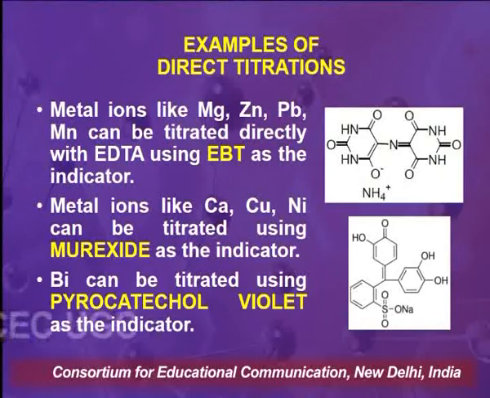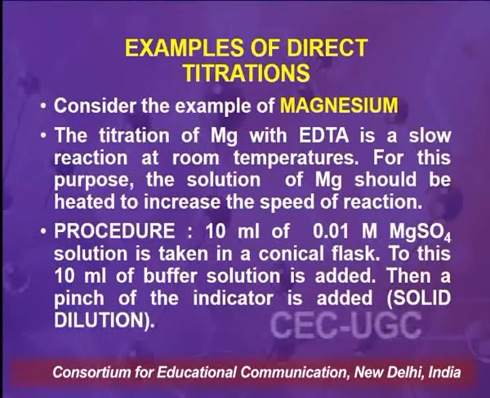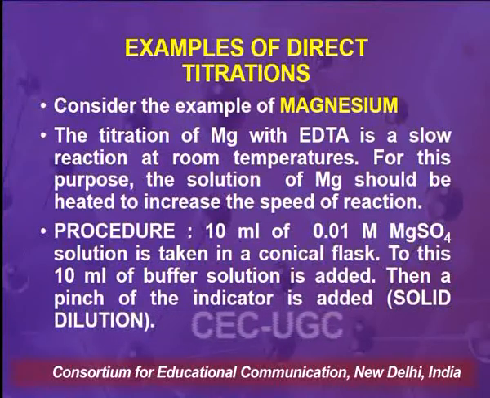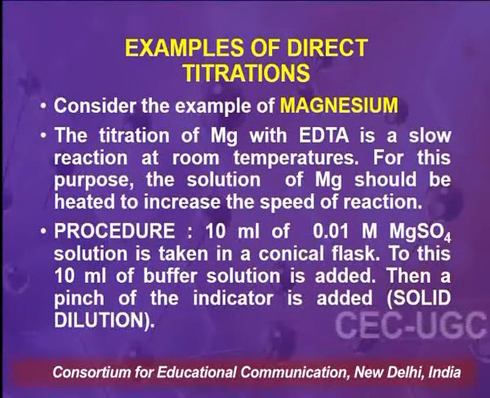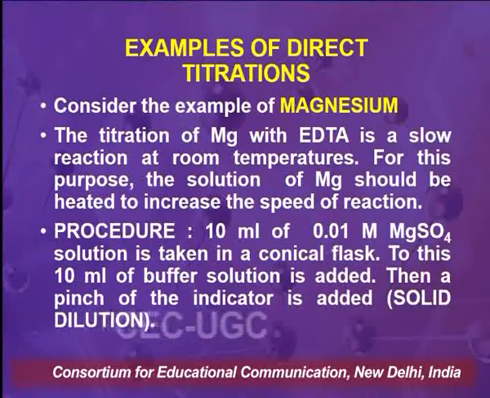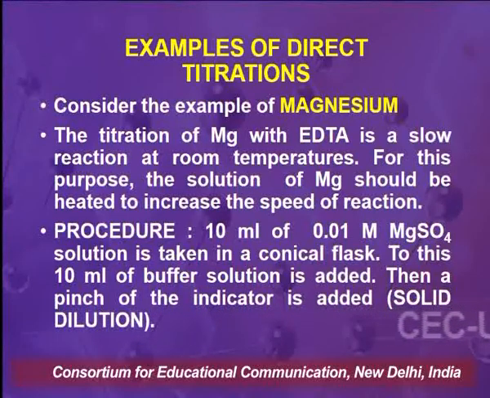So, if we consider the examples of the direct titrations, for example, in the case of magnesium, if magnesium has to be titrated directly with EDTA, then this titration is a slow reaction at room temperature. For this purpose, the solution of magnesium should be heated to increase the speed of the reaction.